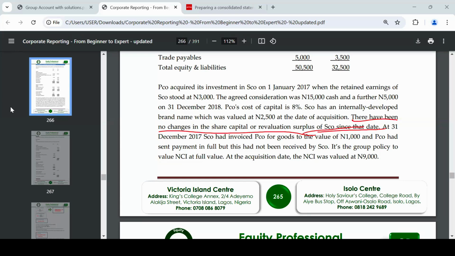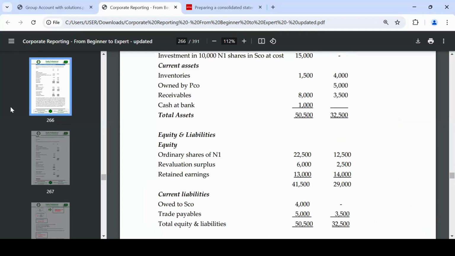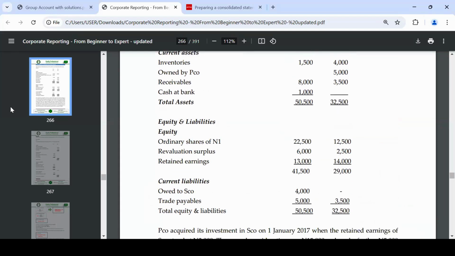So it means that what I am seeing here under ESCO as revaluation surplus of 2,500 did not come after acquisition. It was there already at the date of acquisition, and it has remained the same. So that is why I am treating the whole of that 25 as revaluation surplus.